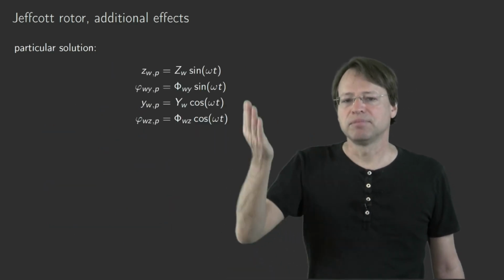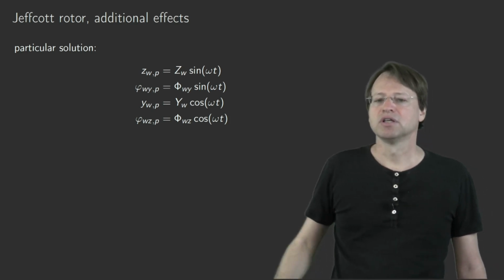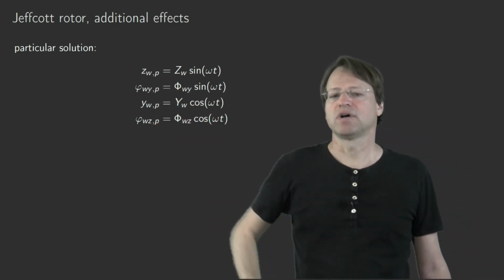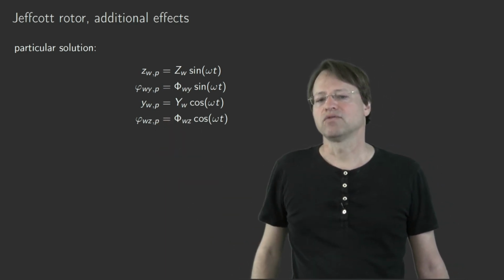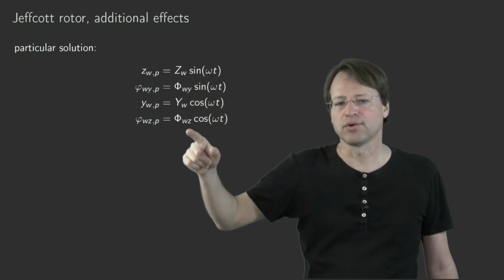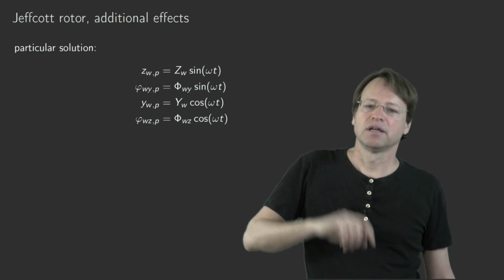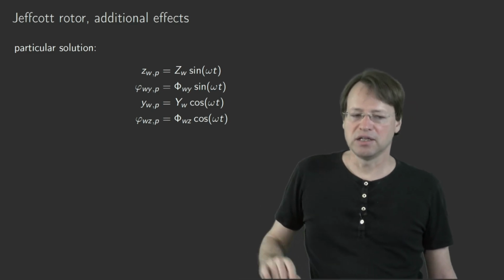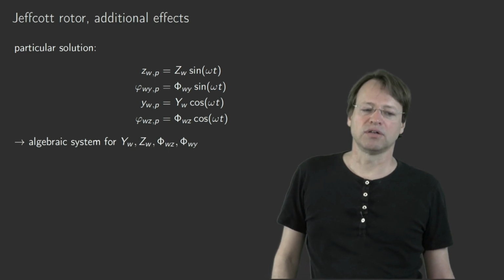So this being said, we will use sine harmonics for z and phi y for the particular solutions, and for y and phi z we use cosine functions, and we are looking for these amplitudes. We get an algebraic system that governs these amplitudes, and again the question is, are there critical rotational velocities?